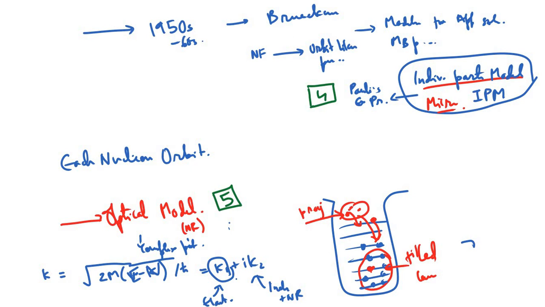Okay, I have already talked about how this individual particle model takes care of the collisions. Each nucleon orbit corresponds to a certain set of quantum numbers, and nucleons, which are fermions, follow the exclusion principle.